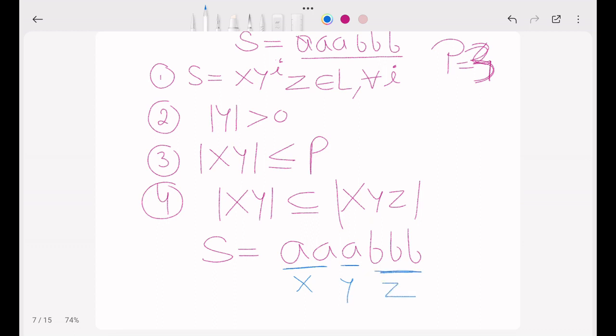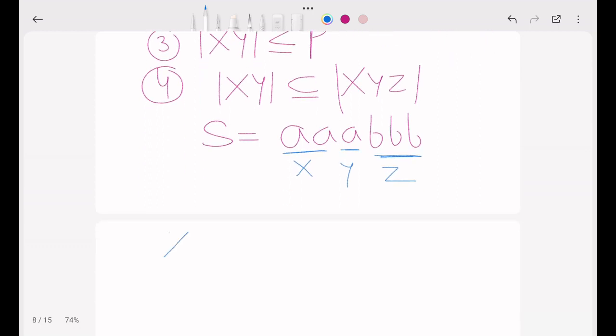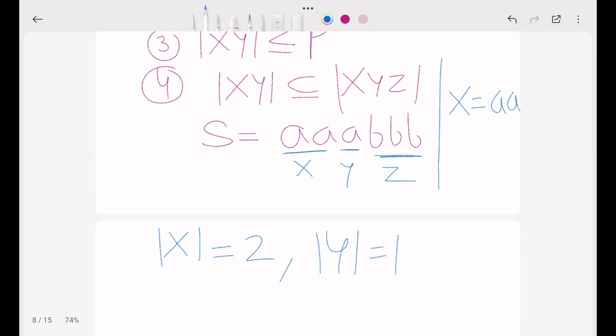You can take any form. So x length is equal to 2, y length is equal to 1, because y is equal to a, and z length is equal to 3, because z is equal to b. I divided it in 3 parts.